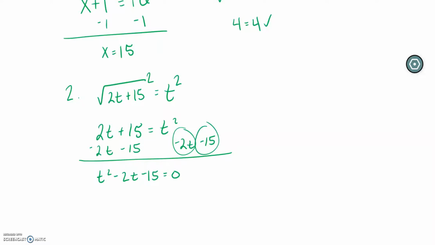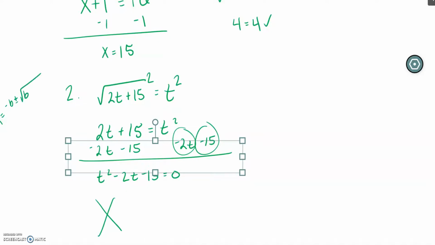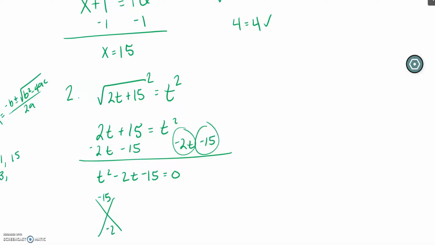Okay, so we can try to factor first. I would always recommend trying to factor first. If you can't factor, then I would just go straight to the quadratic formula. Remember, the quadratic formula is x equals negative b plus or minus the square root of b squared minus 4ac, all over 2a. The factors of 15 are 1 and 15, and 3 and 5.